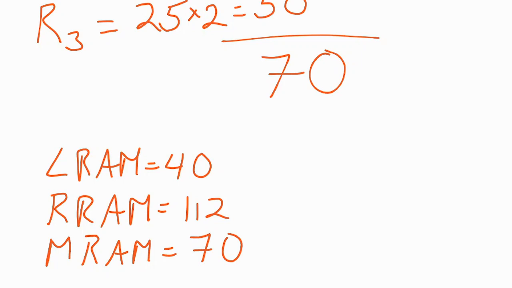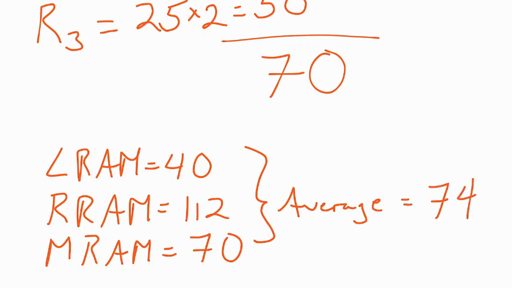But could I do something with these three approximations to perhaps even hone in on an even better approximation? For sure. We could find the average. And the average of these areas, when, of course, added together and divided by 3, actually comes out to be 74.